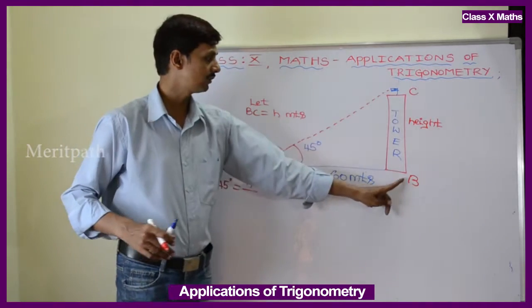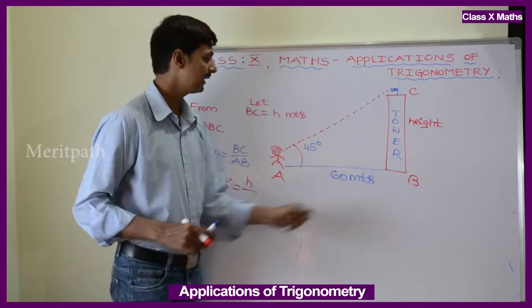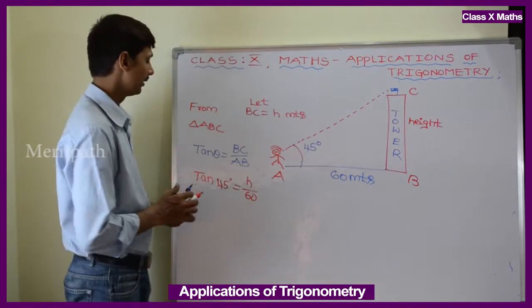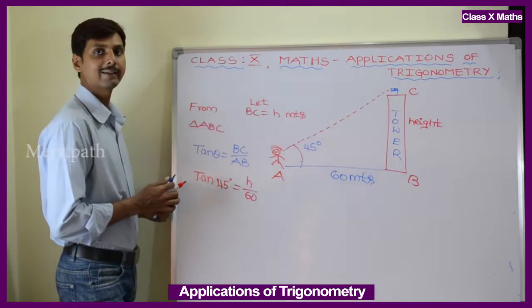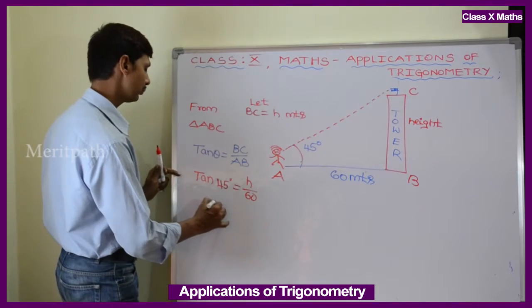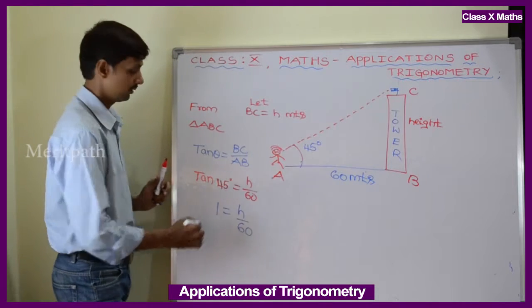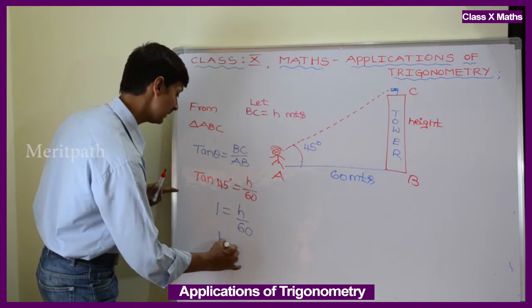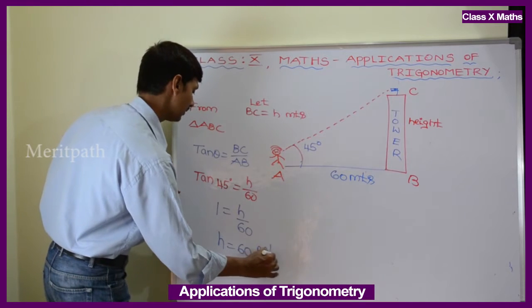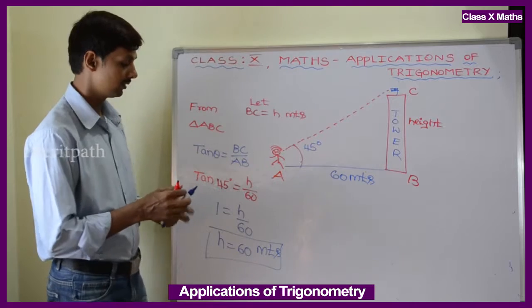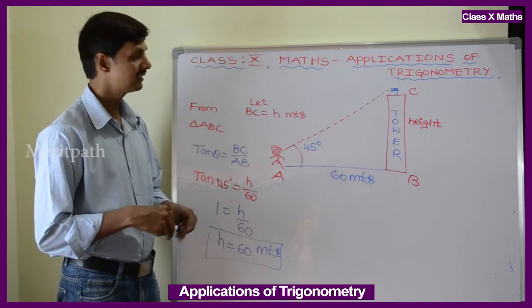AB is the distance from the tower to the observer, that is 60 meters. So let us write 60 meters here as AB. From the trigonometric values, tan 45 is 1, so 1 equals h by 60. Let us find the value of h. When we do cross multiplication, h is equal to 60 meters. So the height of the tower is 60 meters.